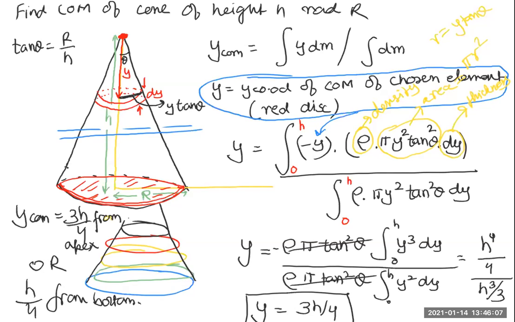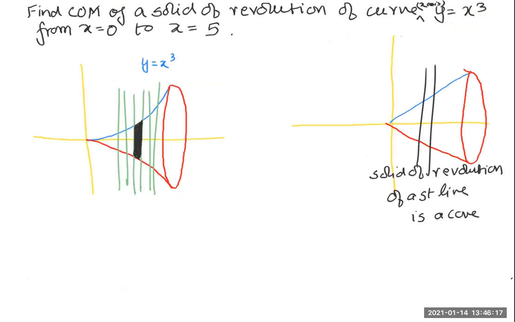Why always y CM? Because x CM is always 0, we know that. But here you have to find x CM. Here y CM is 0, because remember, if there is any symmetry about the x-axis, the y coordinate of center of mass will be 0.